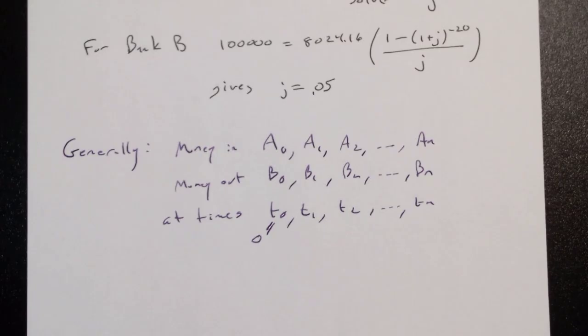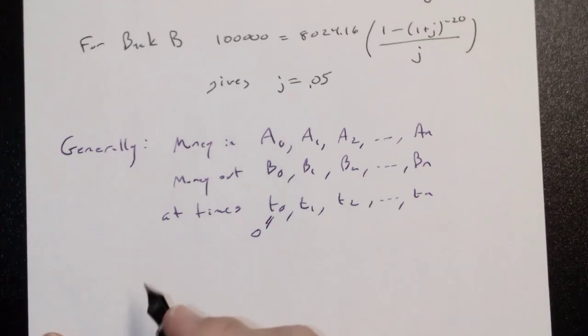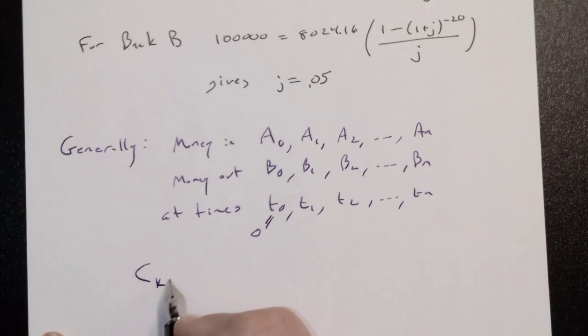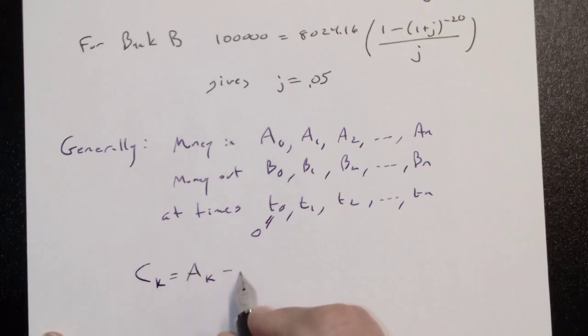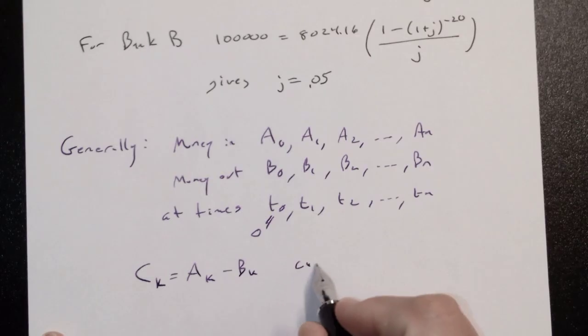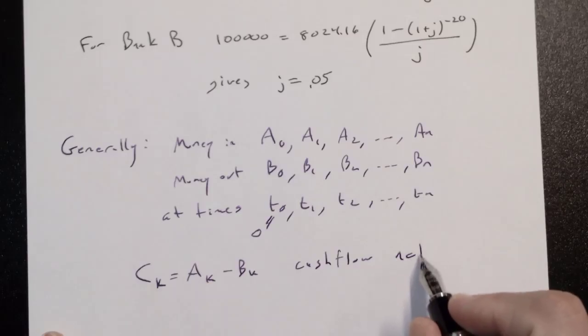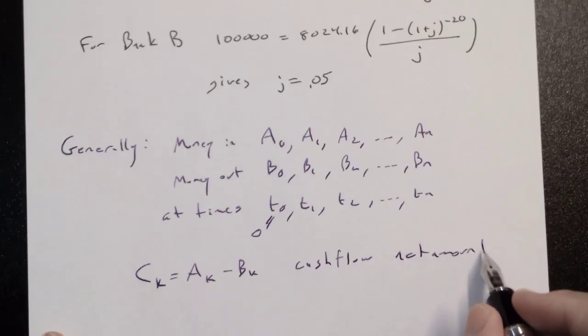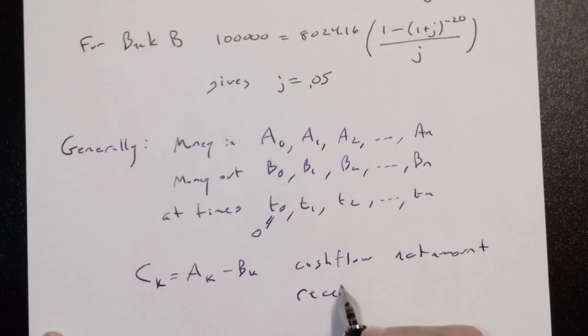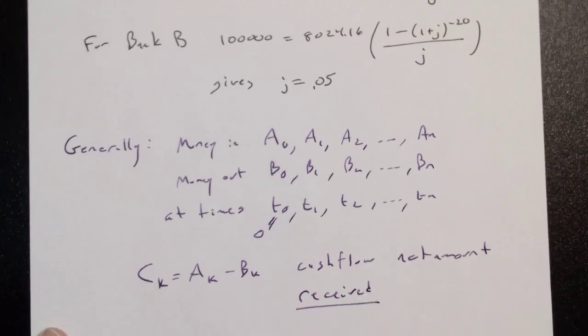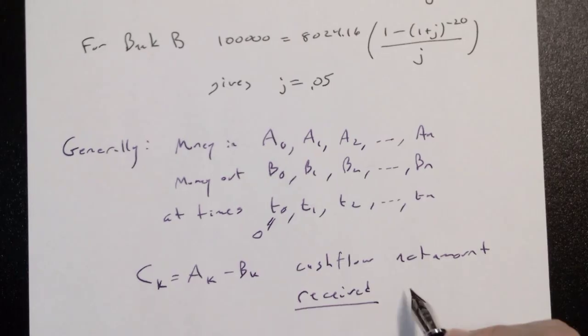Then I can talk about the cash flow, CK, as AK minus BK. And that's the amount received. That's money in at time TK.